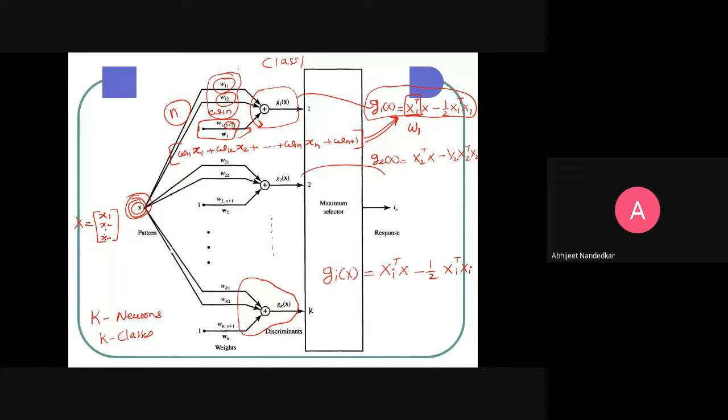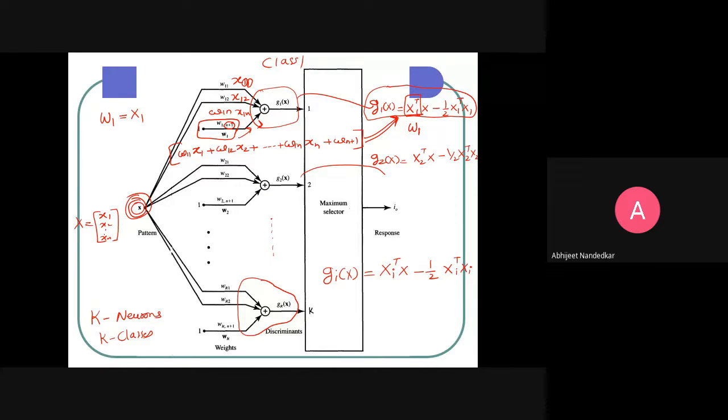If I put all the weights equal to the prototype values, so w1 vector equal to x1, that means this will be x11, the prototype 1 first dimension, this will be x12 up to x1n, and so on.